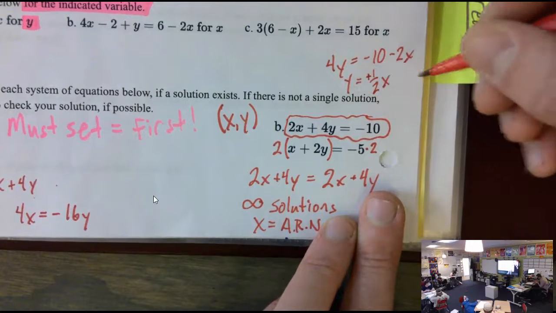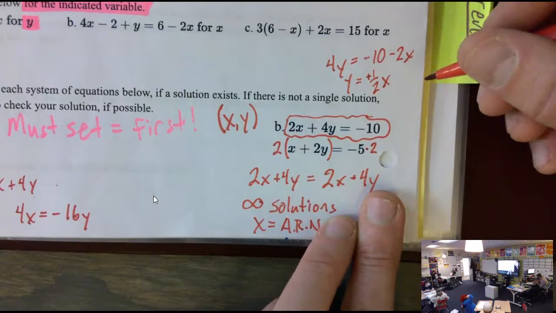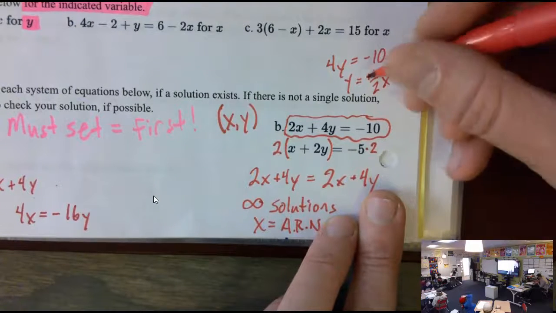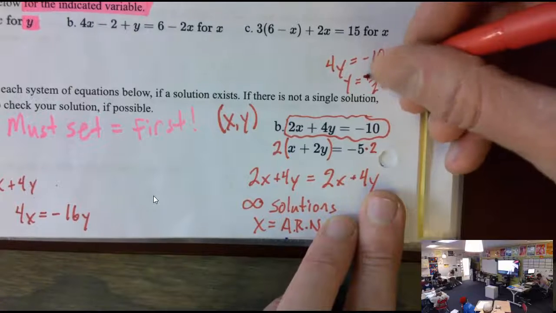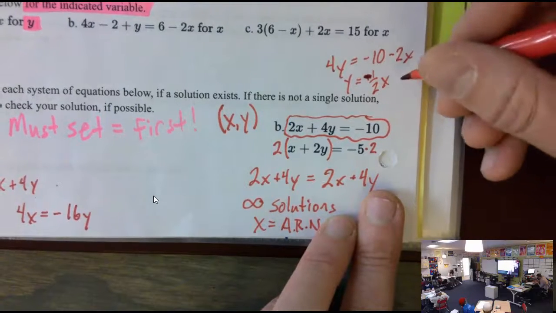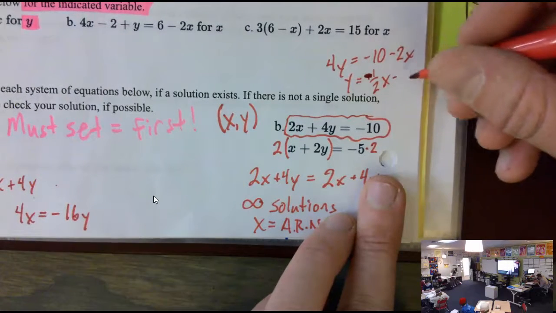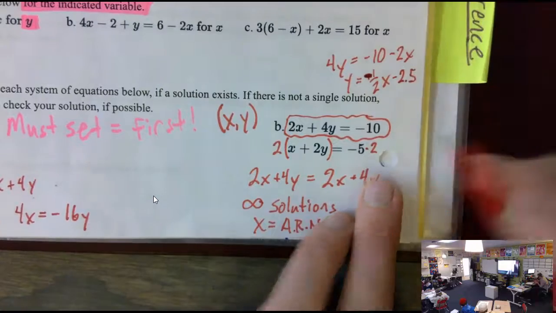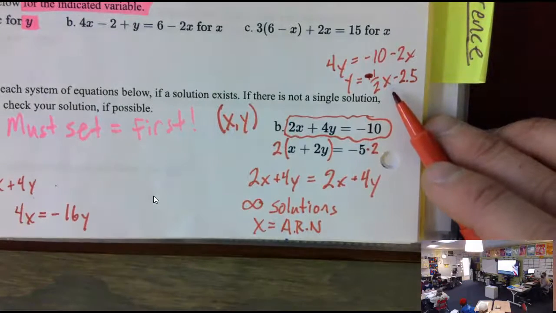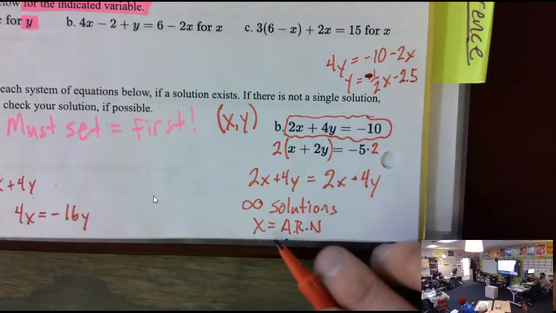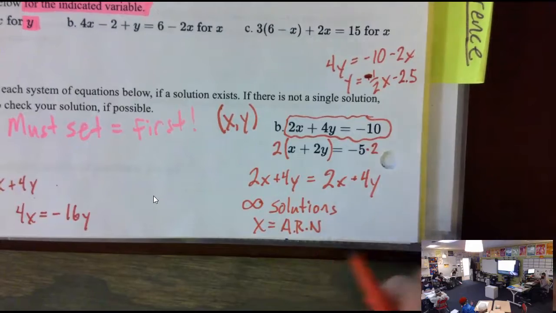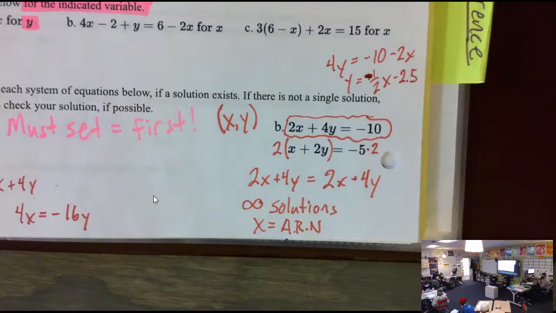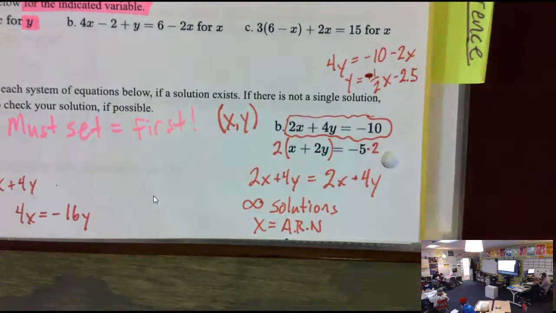I'm going to flip some things around. No, it'd still be negative, because it's just a positive 4. So, negative 1/2 x, yeah, minus 2.5. So now once I know what x is, then I can figure out what y is. X is allowed to be anything, but y would be figured out by x. But you can say x is any real number.